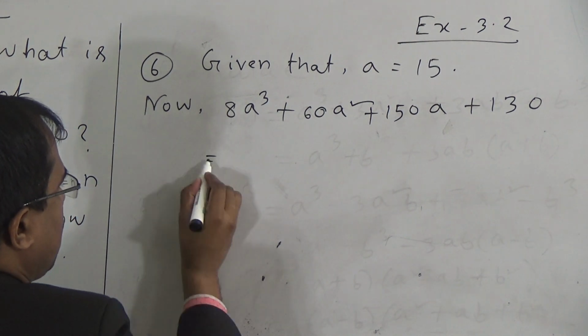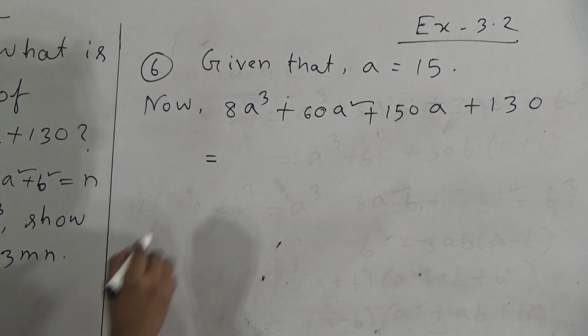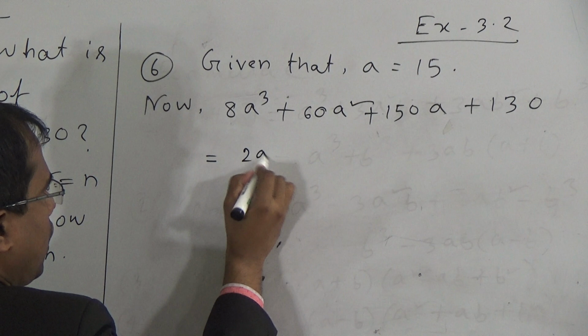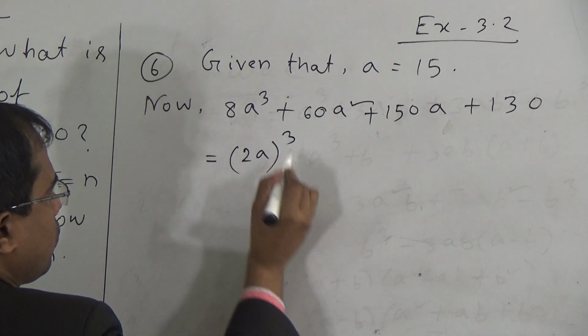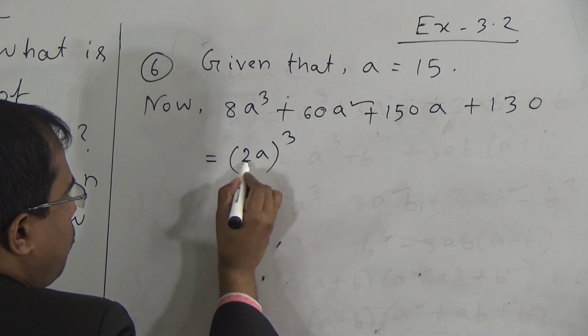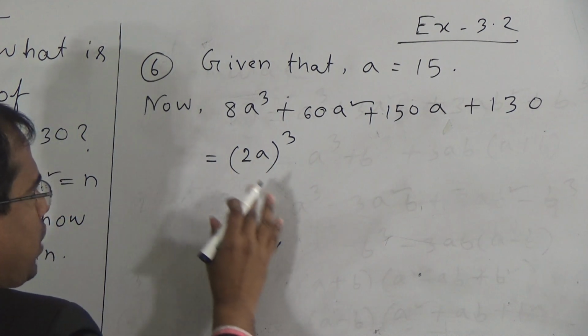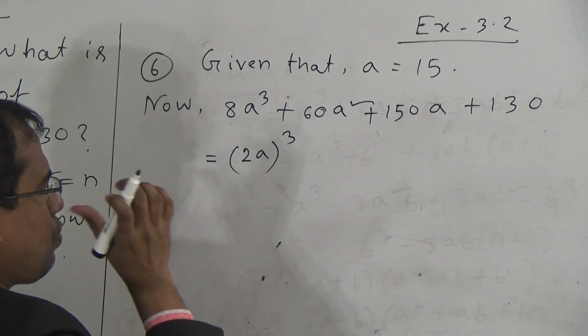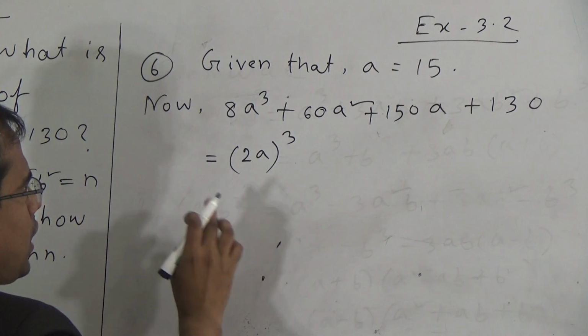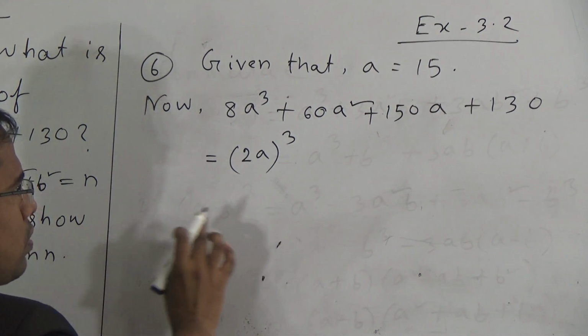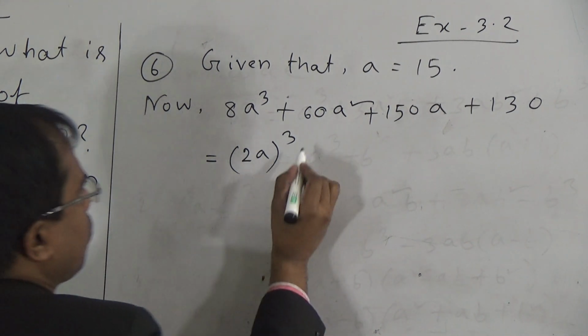This is equal to, instead of 8a cube we can write (2a) whole cube. If we multiply 2a, 2 2s are 4 and 4 2s are 8, and a multiplication a is equal to a square, and a square multiplication a is equal to a cube.